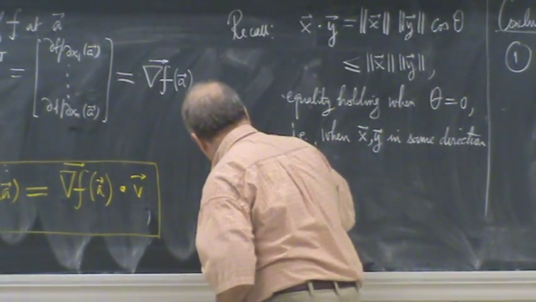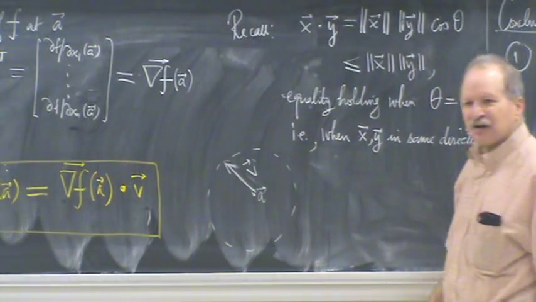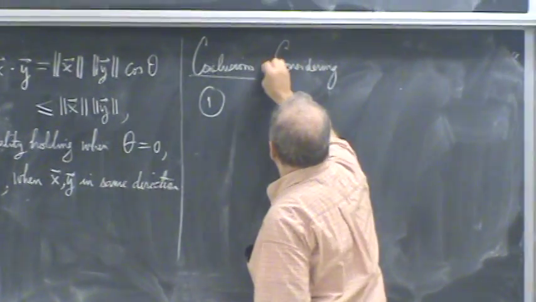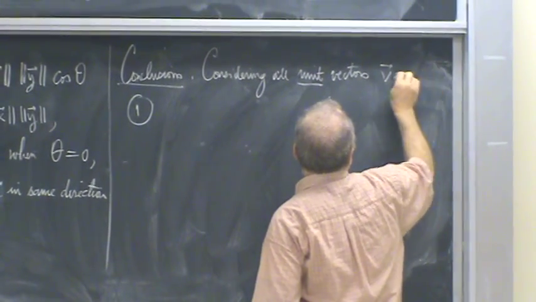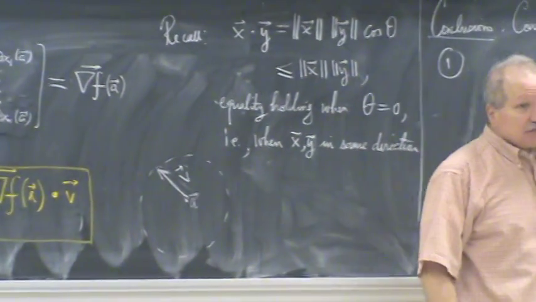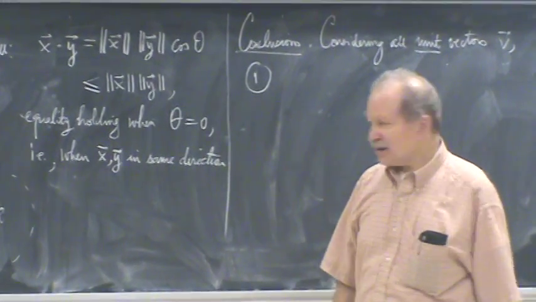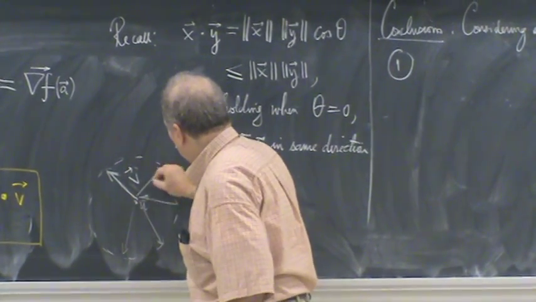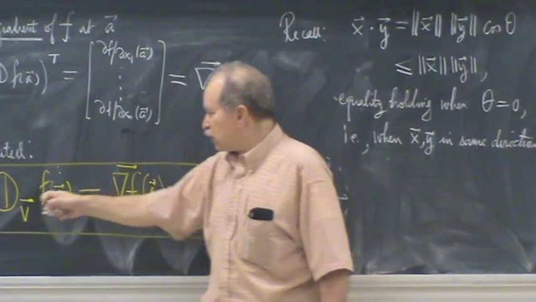If I consider different directions v, you might think of unit vectors for the moment. Considering all unit vectors v, what choice of v will make this dot product biggest? v in the same direction as the gradient. So in other words, if I think about all possible directions to head away from A, if I pick v in the direction of the gradient, it gives me the what?